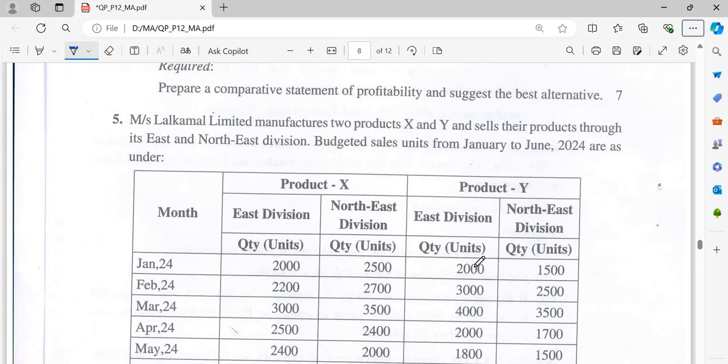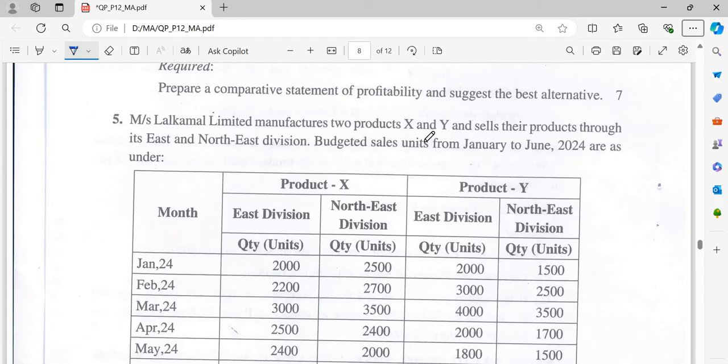So this is a similar problem compared to last December term examination, but a little bit of variance is there. So now see, this is a cash budget kind, and this is also a 40 marks problem. So this also will take less than half an hour, minimum half an hour.